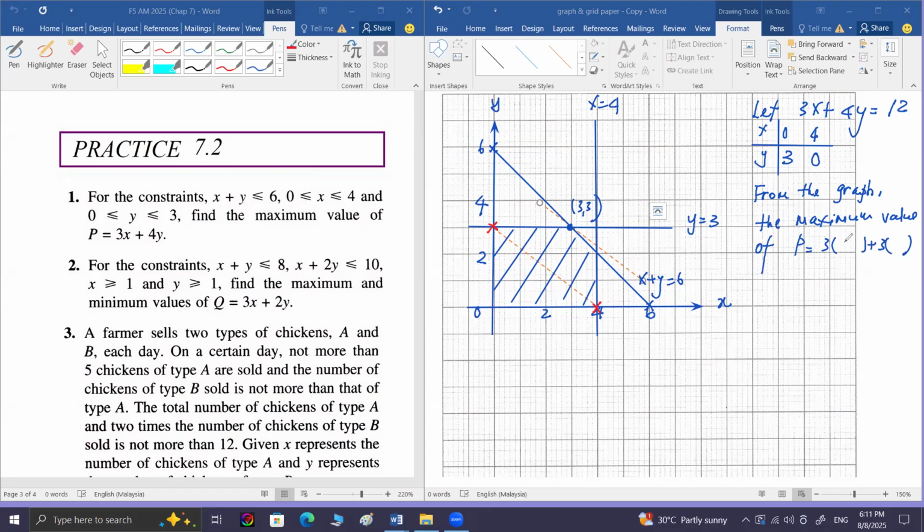So the x and y, I got 3, 3 here. See this point? So 3, 3, 9. Hey, sorry. This one is 4. Yeah, sorry. 4, 3. So it's 4, 3. So I got 21.